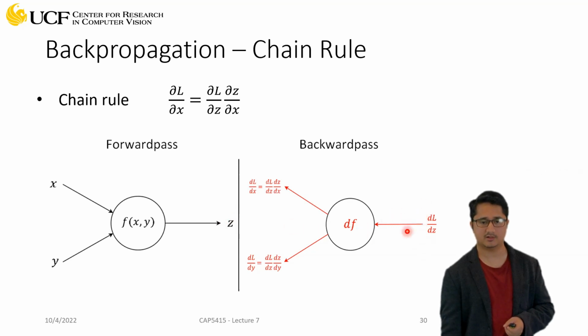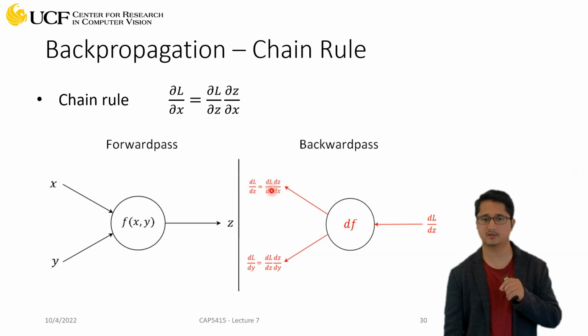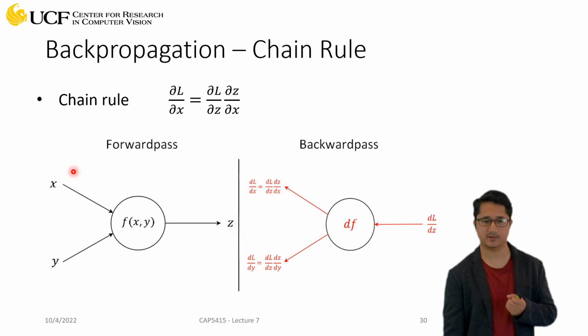And once you have that, the goal is to find the partial derivative of the loss function with respect to x and y. So then you can simply use this chain rule. You first find the derivative with respect to z, which we can easily do here. And in addition, you'll have to find the partial derivative of z with respect to x. Again, we can do that because we know what this function is.